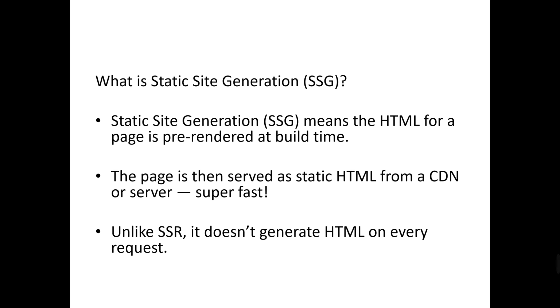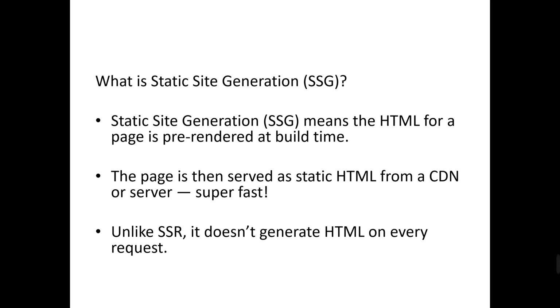And next is SSG. SSG stands for static site generation. With static site generation, the HTML for the page is pre-rendered at build time. Basically, whenever we deploy a new project, we build the project. In SSG, the HTML for the page is pre-rendered at build time.